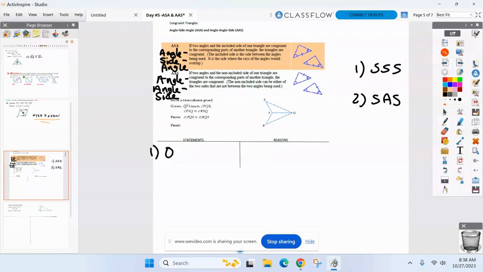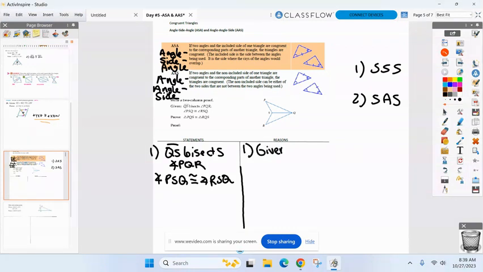Write in your givens. Make sure you mark the correct angles congruent, PSQ and RSQ.